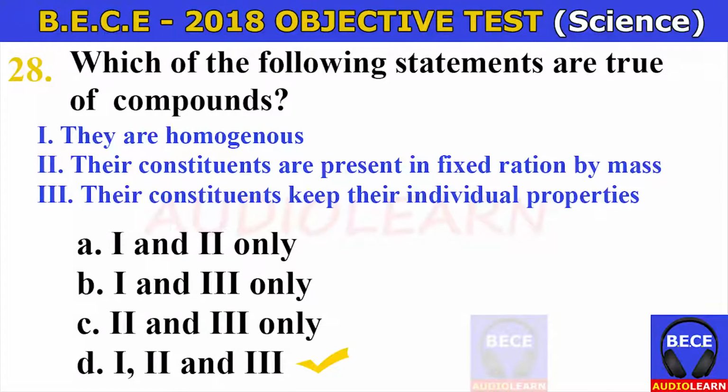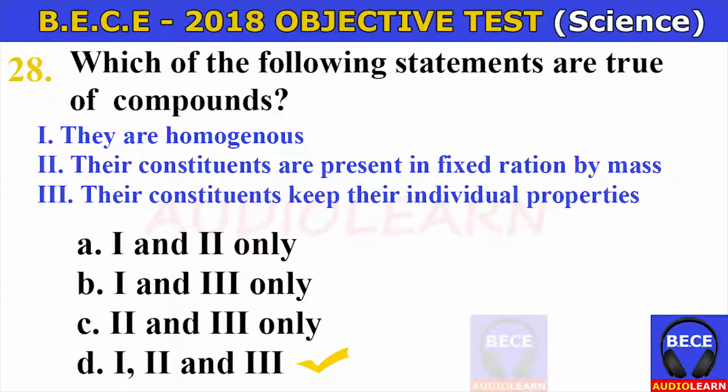Number 28. Which of the following statements are true of compounds? I. They are homogeneous. II. Their constituents are present in fixed ratio by mass. III. Their constituents keep their individual properties. And the possible answers are A. I and II only, B. I and III only, C. II and III only, D. I and III.